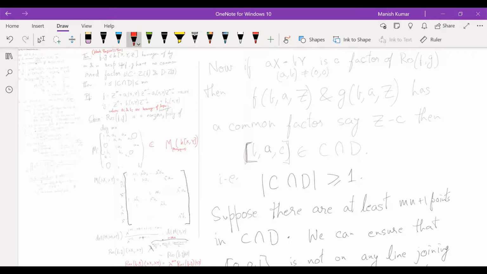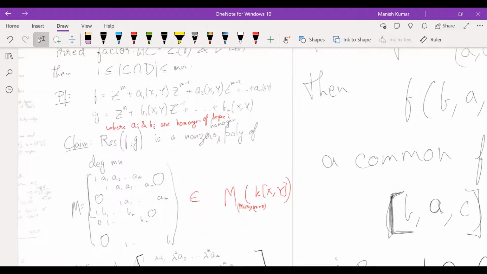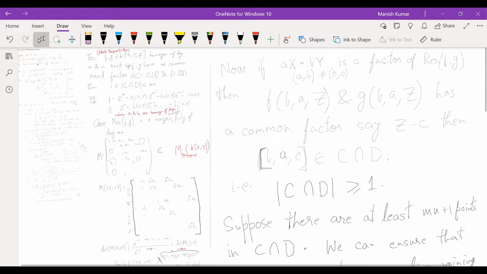Because if you plug in x equals b and y equals a in this polynomial, then f and g become polynomials with coefficients in the field K, and of course K is algebraically closed, and the resultant will be 0, because this factor ax minus by will vanish.